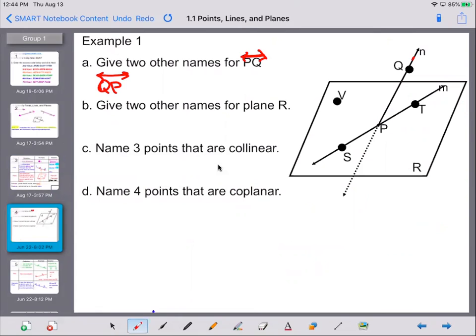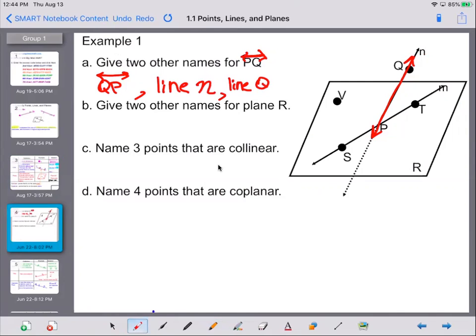We have this line right here that they're talking about, QP. I see, though, off here in the distance, this little N. And I see that it doesn't have a point on it. It doesn't have a little dot. So I know I can also call this line N. Okay. Another acceptable answer would be to just write the word line QP.